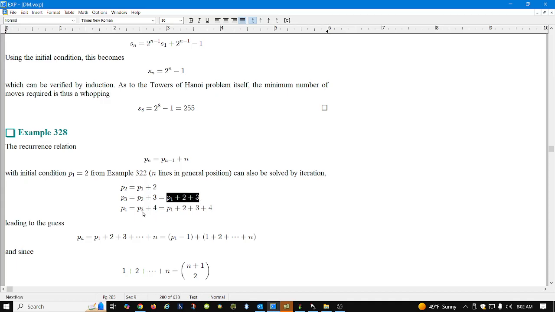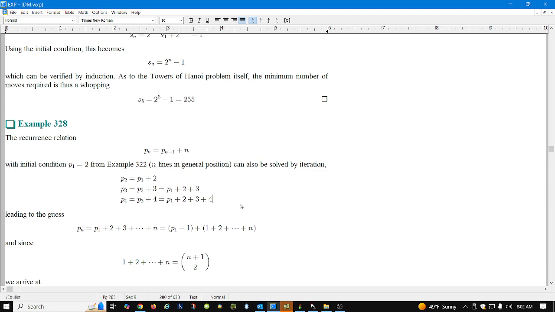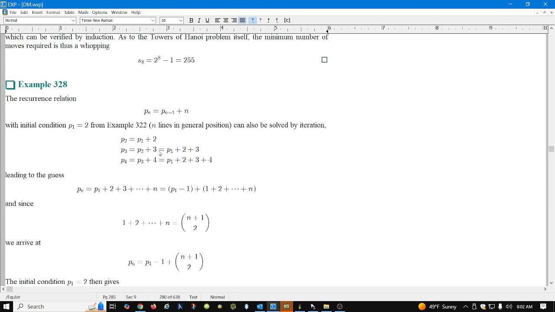This goes in for this. And we already see a pattern. It looks like Pn is going to be P1 plus 2 plus 3 plus 4 up to n, because this 4 and this 4 is 4. Okay, so that's what we have here.